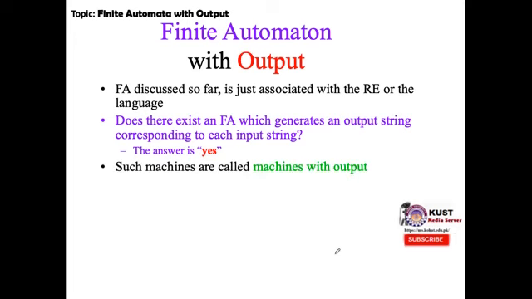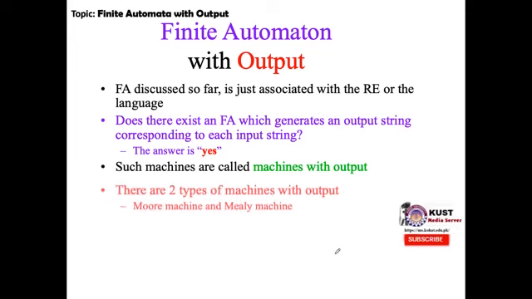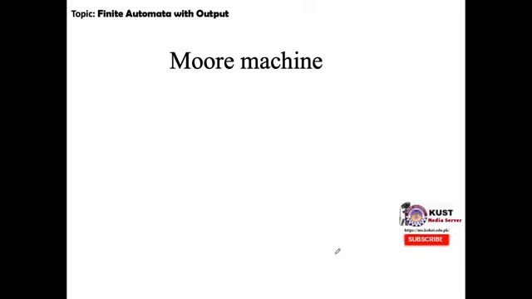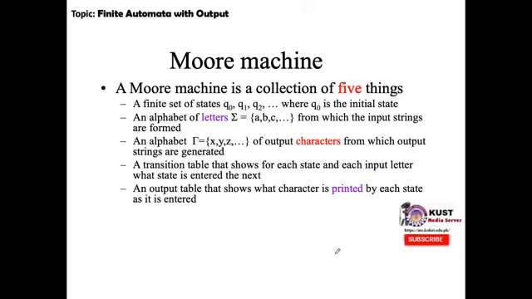These machines are called machines with output or FA with output. Basically, there are two types of machines with output: Moore machine and Mealy machine. Let's try to discuss Moore machine.